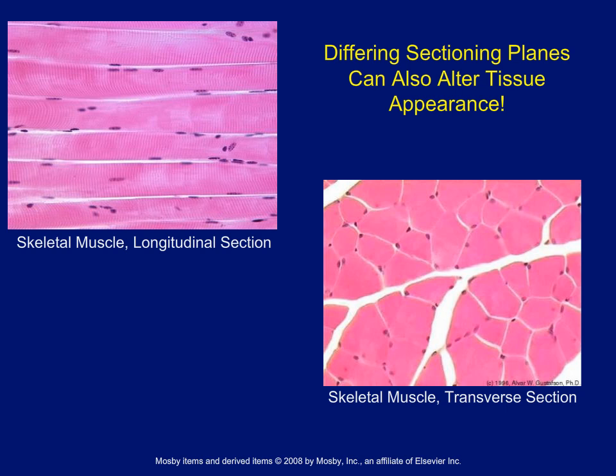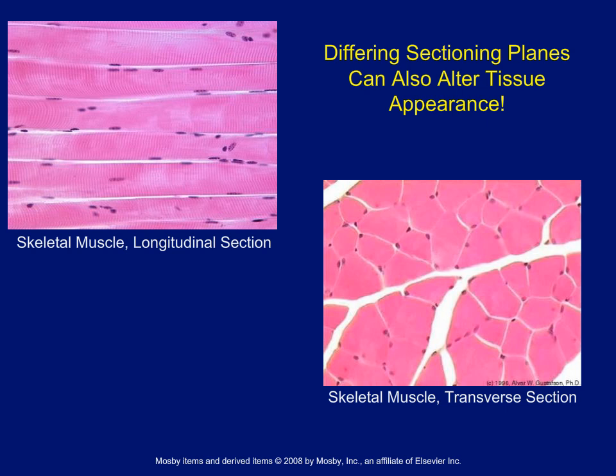The one on the left is really long, with multiple dots in there, the nuclei. The one on the right has sort of hexagon looking things that have dots at each corner. So it's important that you look at enough specimens to realize what this tissue can look like transversely, longitudinally, and also more obliquely.